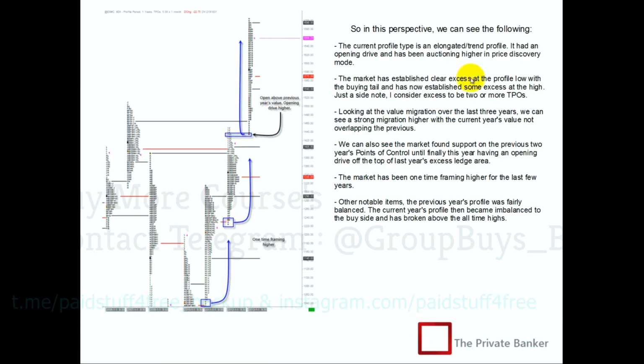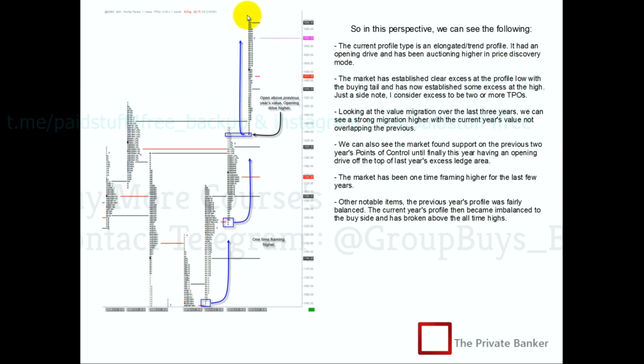Not only that, but this was our previous swing high here, which was a balanced profile, and we don't see really any balance being shown in this current profile. We can also see that the market established a clear excess at the profile low with the buying tail, and has established some excess at the high.